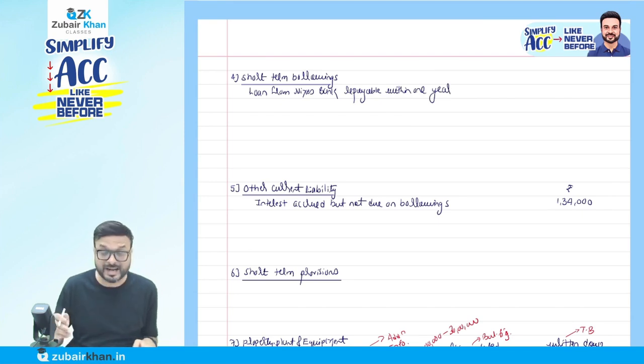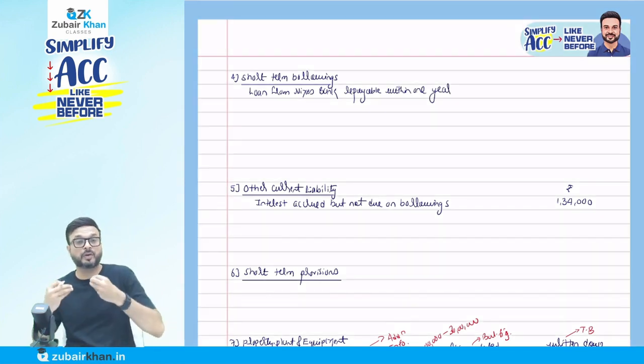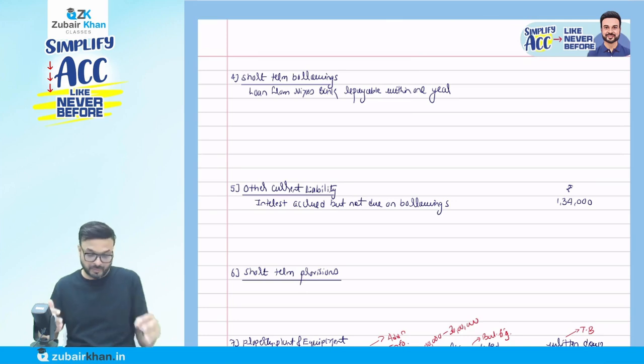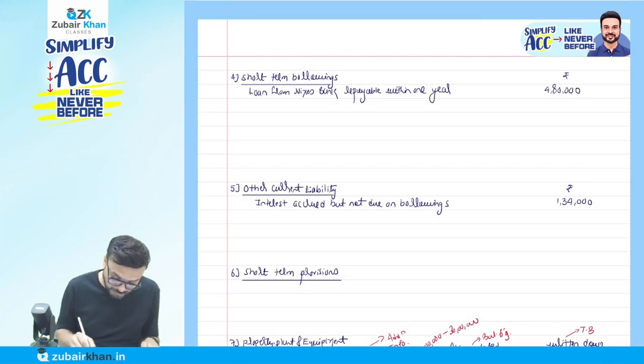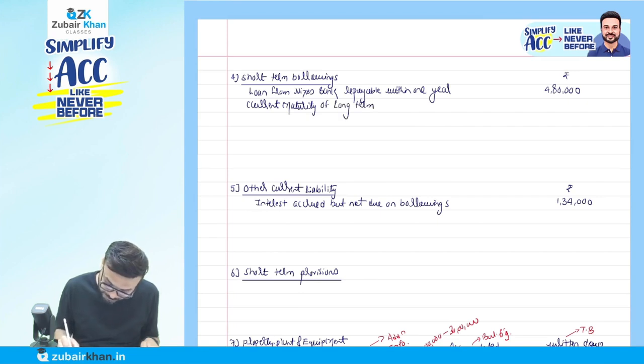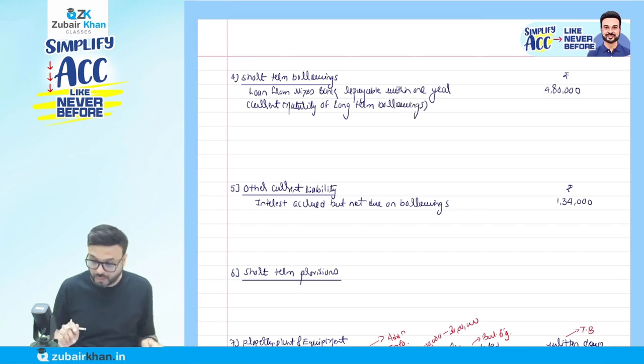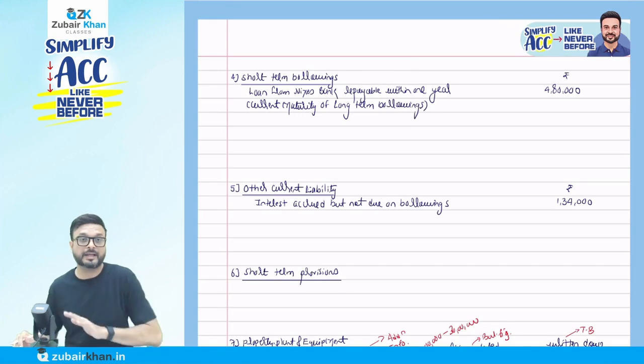Basically, we call it current maturity of long-term borrowings, the portion of a long-term borrowing which we are liable to pay within 1 year. So write down there 4,80,000, current maturity of long-term borrowings. How much is it? 4,80,000.